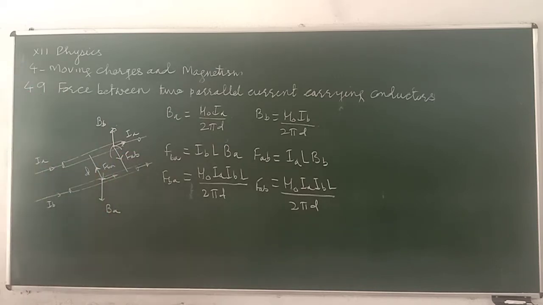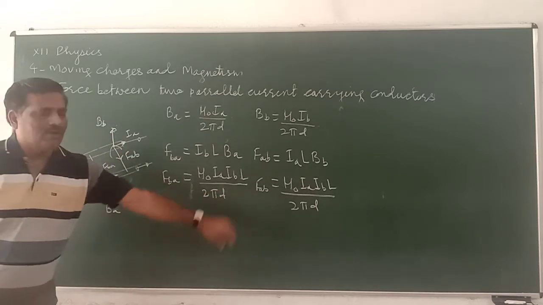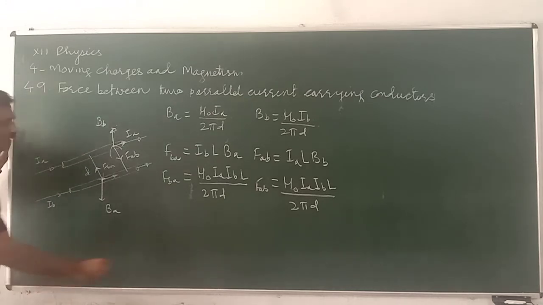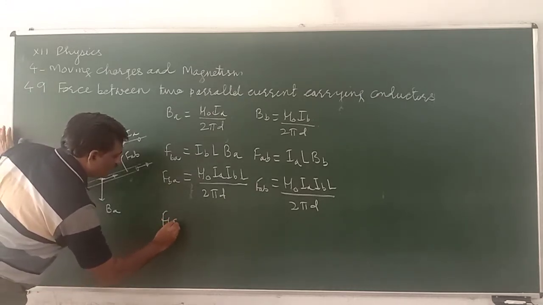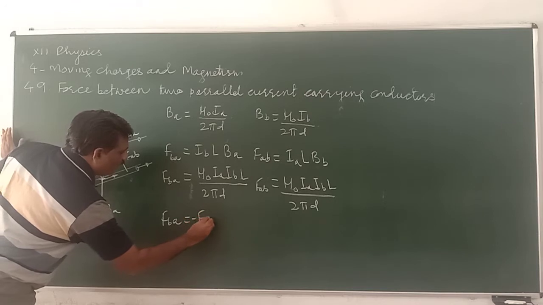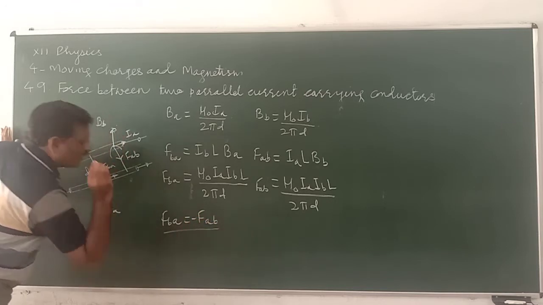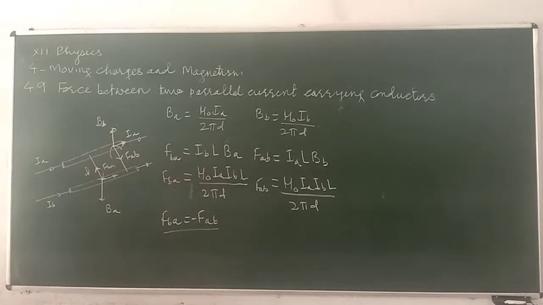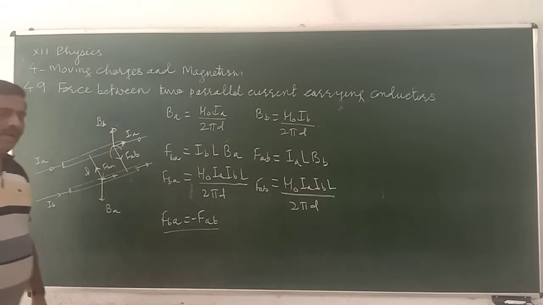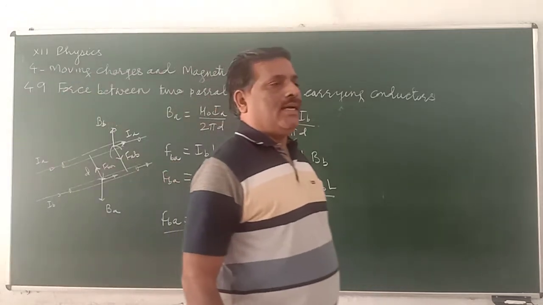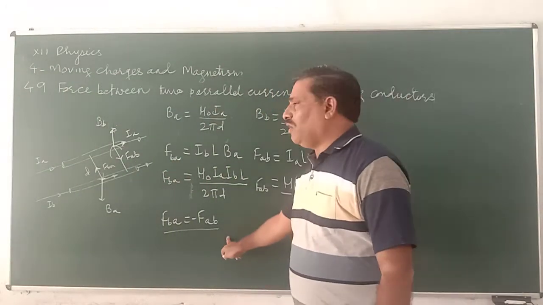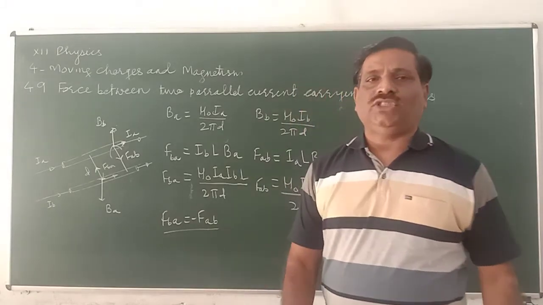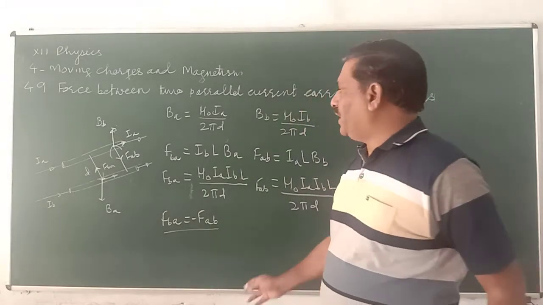What difference do you see? Both are equal forces, but their directions are opposite. It means that FBA is equal to minus FAB. So we again arrive at Newton's third law: action and reaction are equal and opposite.